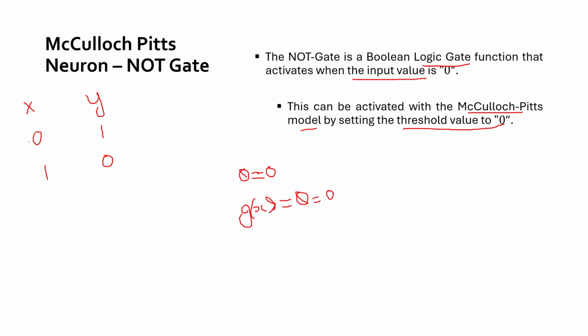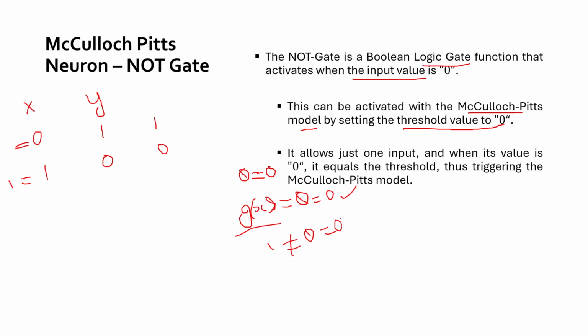So now if we see, when the input is 0, its summation will be definitely 0. So it is equal to the threshold, so then it will activate. And in this case, the summation, the g of x value, will be 1, and 1 is not equal to theta, which is 0. So thus it will give you an output of 0.